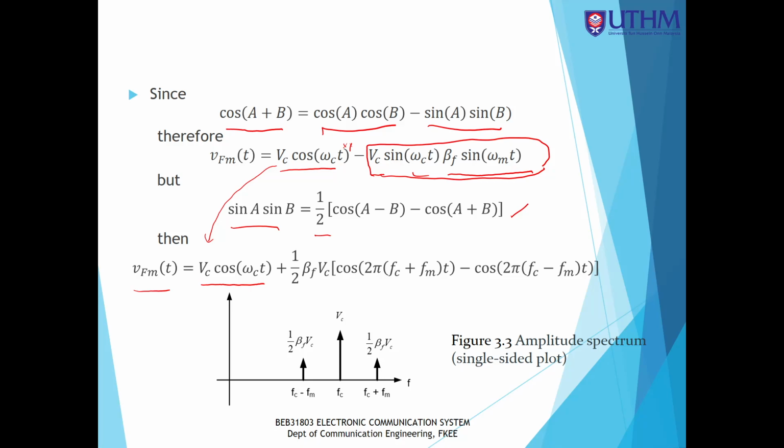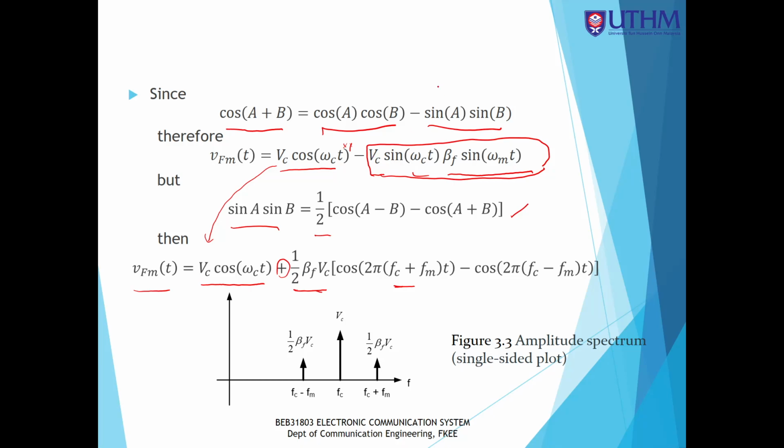So 1 over 2 beta F Vc cos 2 pi (Fc plus Fm) and Fc minus Fm. Oh, in here this is supposed to be the lower sideband. Sorry, since this is plus, we just rearrange the equation.